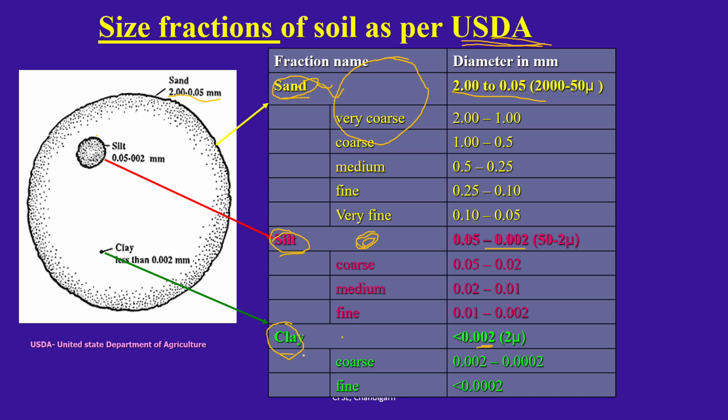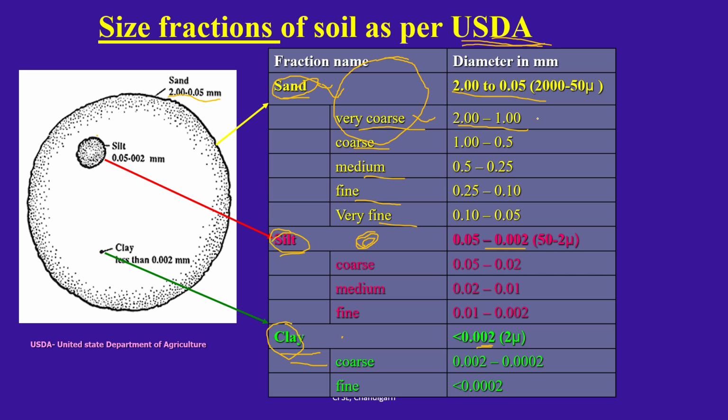On the basis of particle size, I have described the constituents sand, silt, and clay. These can be further categorized on the basis of their particle size: very coarse sand, medium sand, fine sand, or very fine sand. In the case of coarse sand, the particle size is 2 to 1 mm.